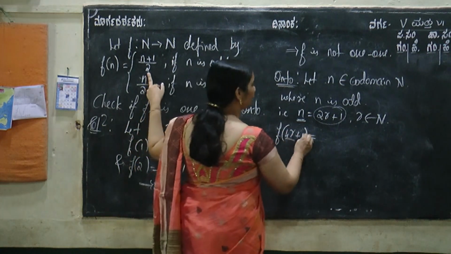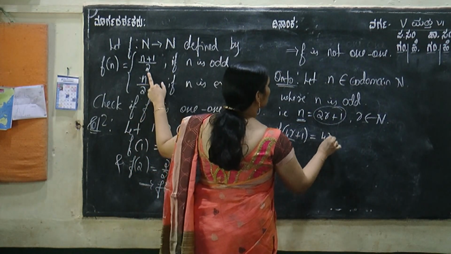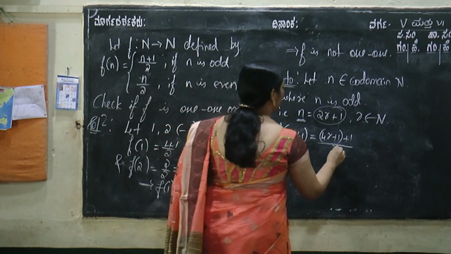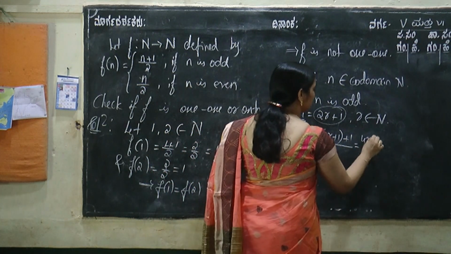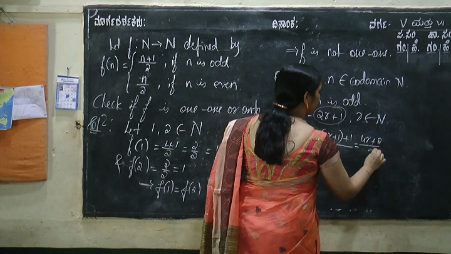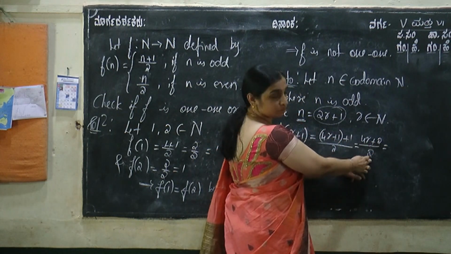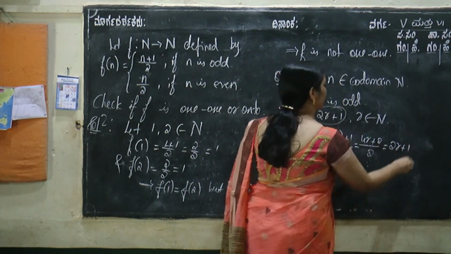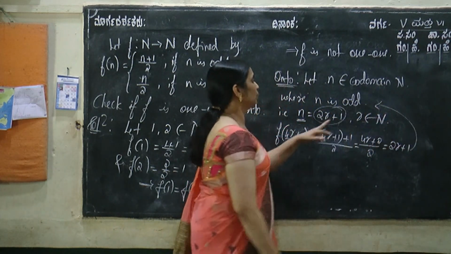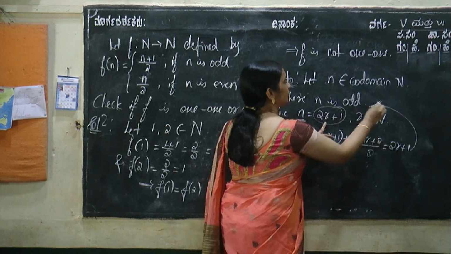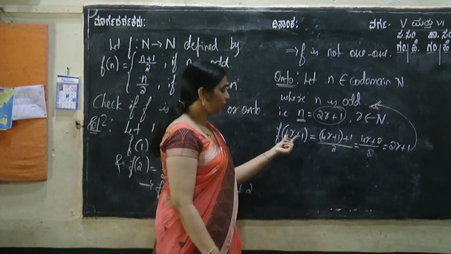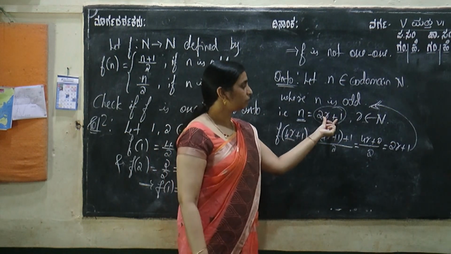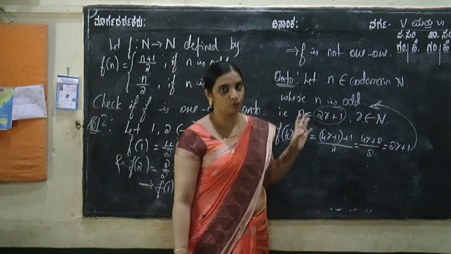So 4r plus 1 becomes 4r plus 1 plus 1 divided by 2. That is 4r as it is, 1 plus 1 is 2, divided by 2. Divide both the numbers by 2, so 4r by 2 means 2r plus 1. And this element belongs to the domain. 4r plus 1 is our element in codomain, and this 2r plus 1 is our element in domain.